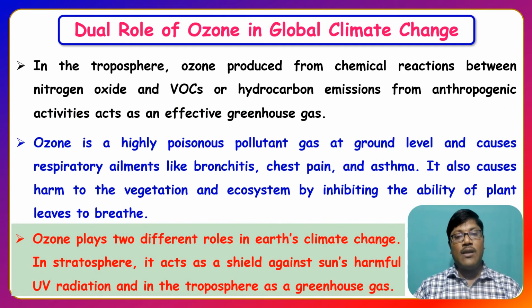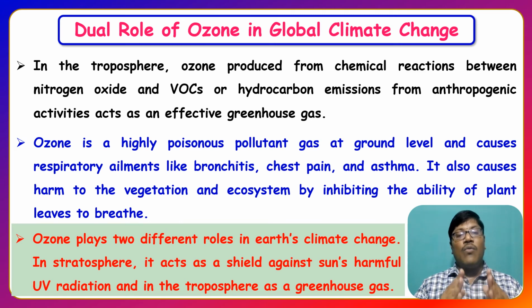In the troposphere, the lowest region of Earth's atmosphere, extending to a height of about 10 km from the Earth's surface, ozone is produced by chemical reactions between nitrogen oxide and volatile organic compounds or hydrocarbon emissions from anthropogenic activities. The ozone in this layer acts as an effective greenhouse gas.